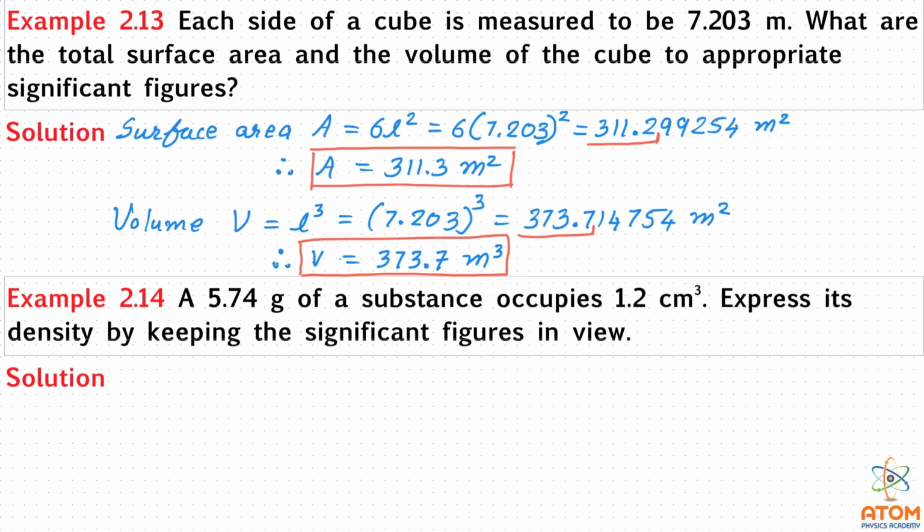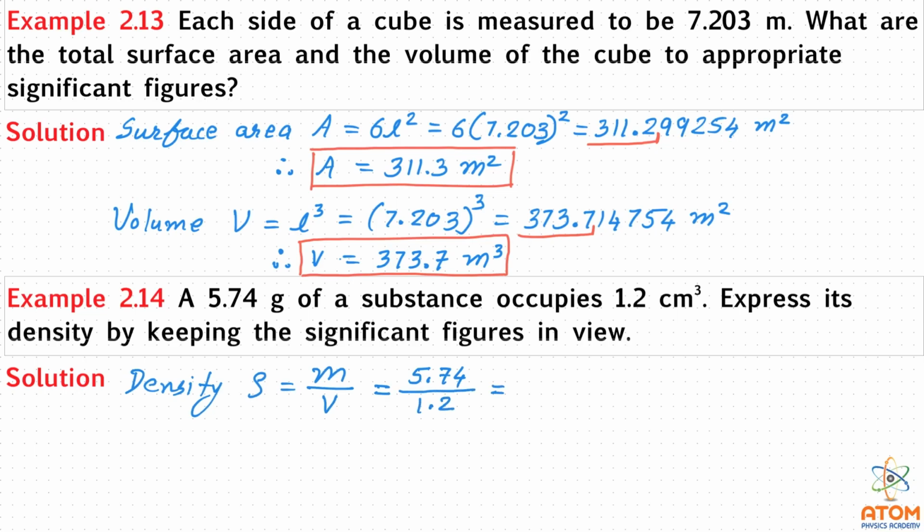First of all, let us see what the answer for density comes to. Here density, that is rho, is equal to mass upon volume. Now the mass is 5.74 and the volume you can see is 1.2.